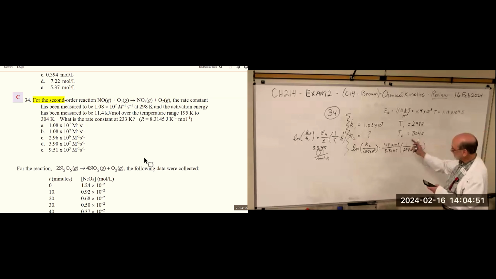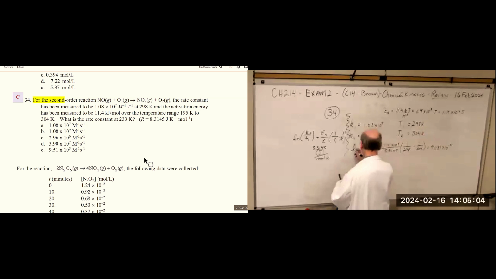And then multiply it times what I got for that one. And this should be 9.081 times 10 to the minus 2. Okay? So this is equal to this.